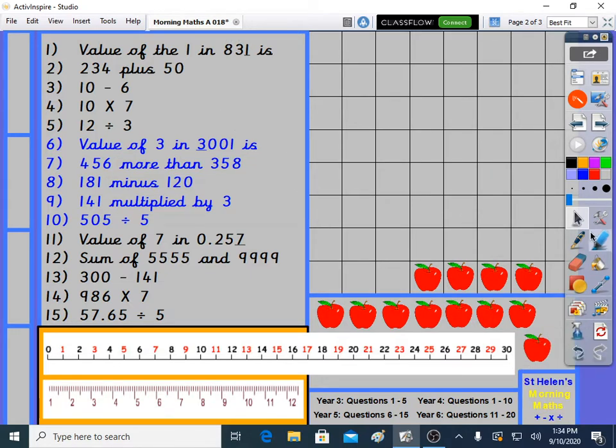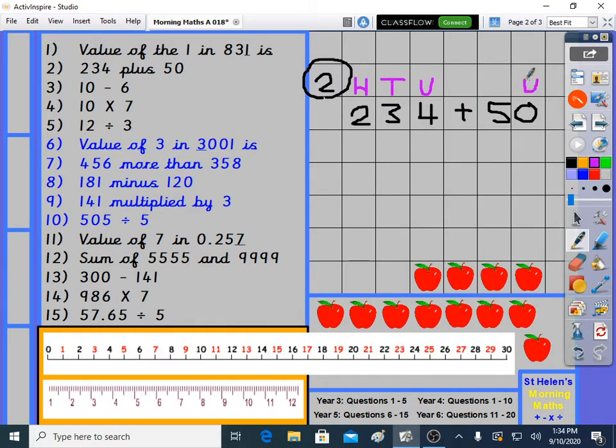Let's move on to question 2. 234 plus 50. When you're doing 234 plus 50, let's have a quick look at the hats on these digits. You've got units, tens and hundreds, and we're adding it to just units and tens. The units is 0, which means the units is not going to change, it's going to stay as 4.